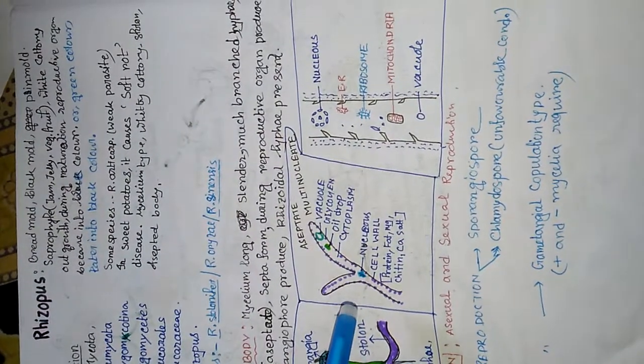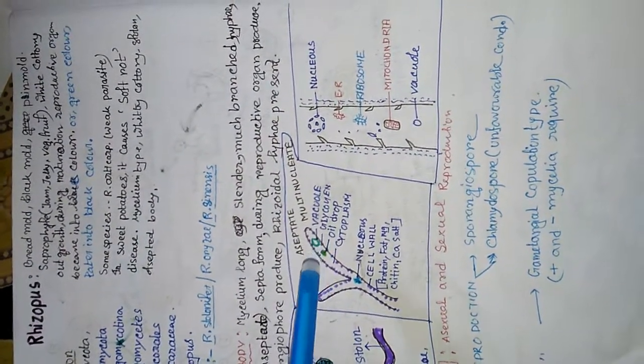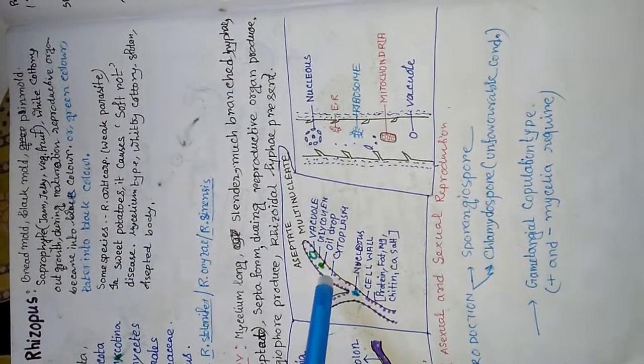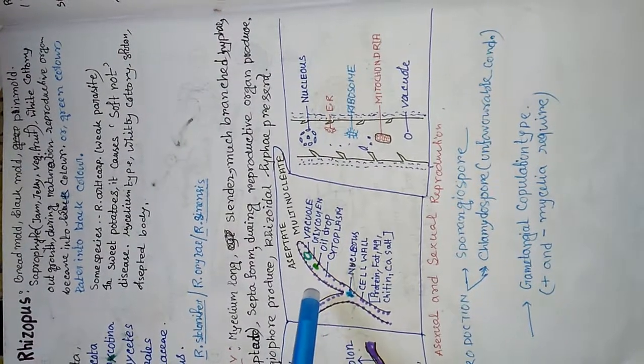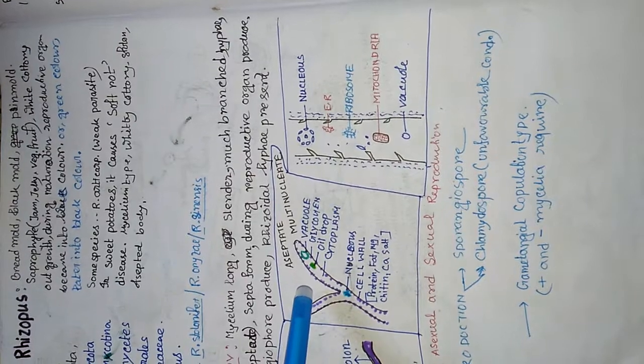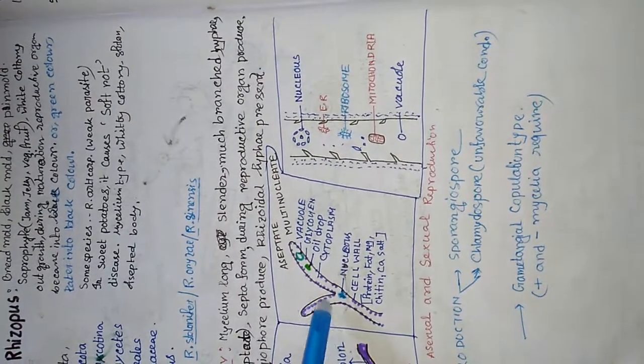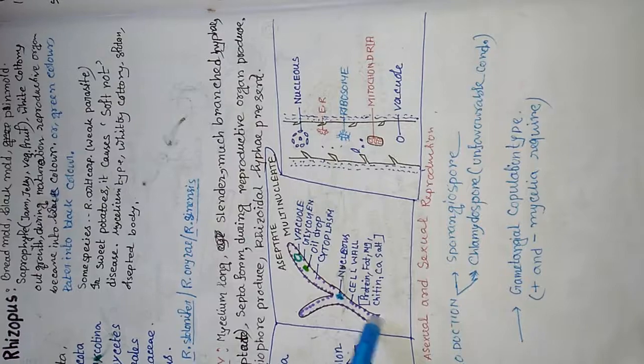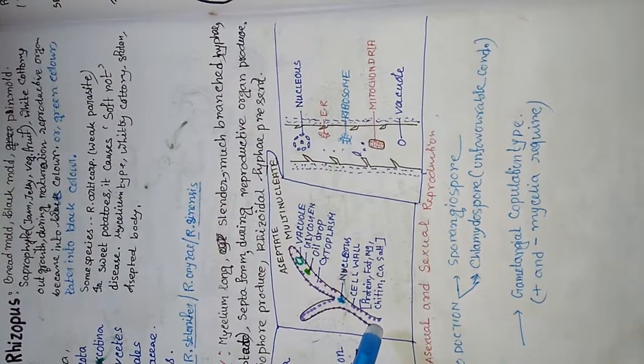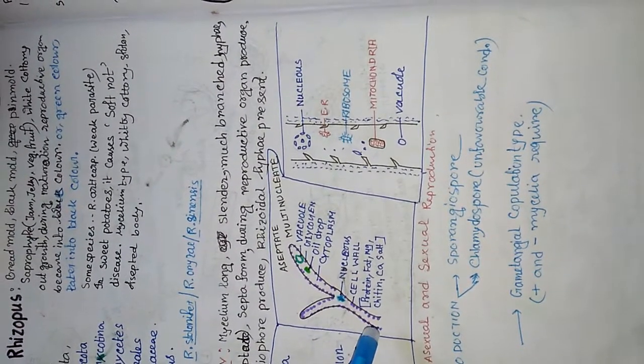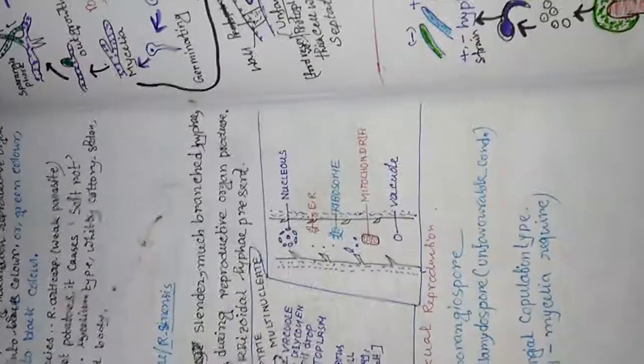It has aseptate hyphae, multinucleate, vacuoles are found, and it possesses glycogen and oil drops as reserve food material. The cell wall is made of protein, fat, magnesium, chitin and calcium salt.